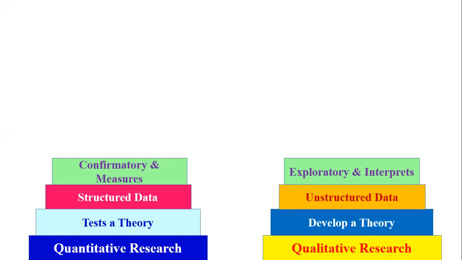But when we come to qualitative research, it is exploratory and interpretive. What do exploratory and interpretive mean? Take the word research as an example. You go for definitions and explore. There are several definitions of research. And for interpretation, some person takes the first idea of research and adds a second one of their own.